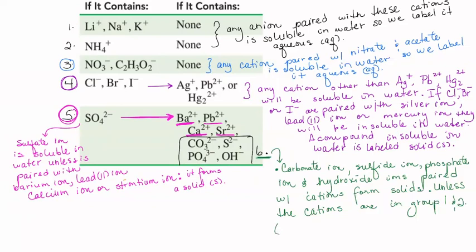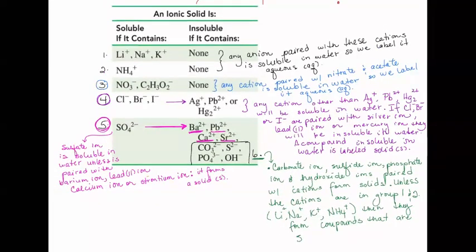What I mean with group 1 and 2 is lithium, sodium, potassium, ammonium. Then they form compounds that are soluble in water, meaning aqueous. Okay?